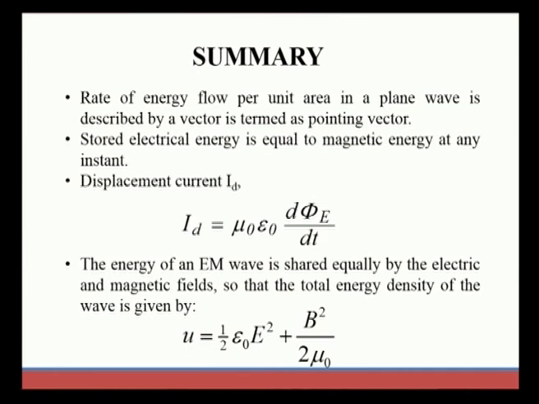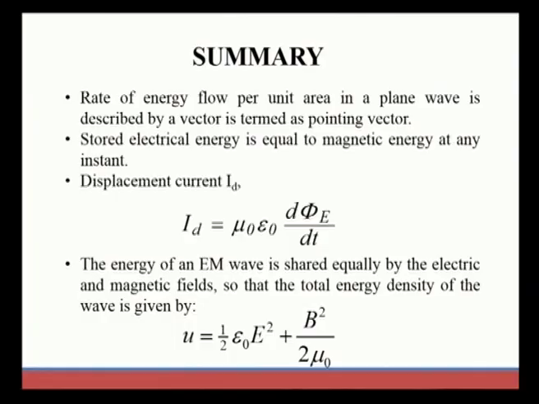Through the help of the Poynting vector, we can find the flow of energy in an electromagnetic wave, which states that the stored electrical energy is equal to the stored magnetic energy at any instant. And also we derived the displacement current, that is I_D is equal to mu naught epsilon naught into d phi E by dt.